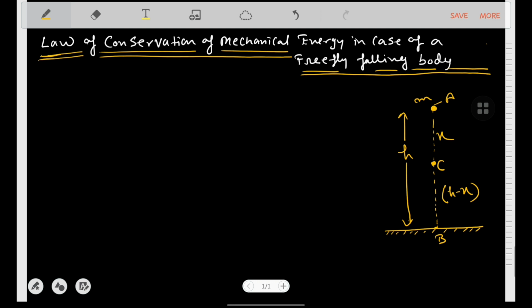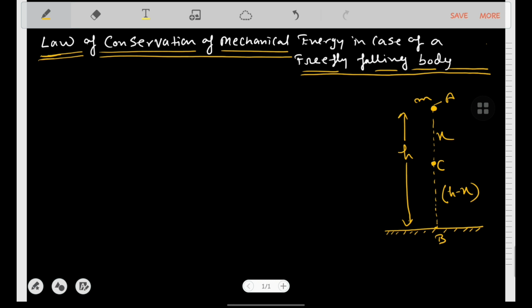So the remaining distance from C to B will be how much? h minus x. And this point C we have just considered. During the free fall the object is not going to stay at point C, because whenever the free fall starts from a certain height, it comes directly towards the ground.